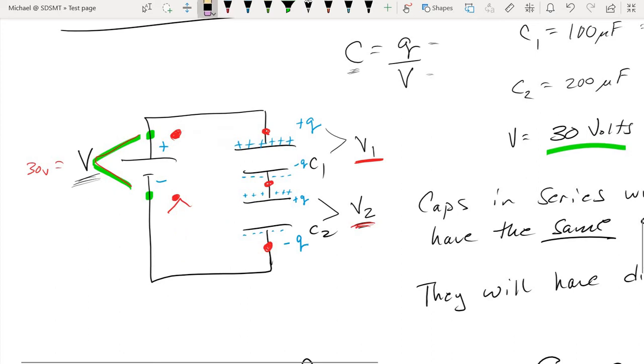But what's the difference between this point and this point on the circuit? There is nothing between those 2 points except for a wire which is being used for the connection.